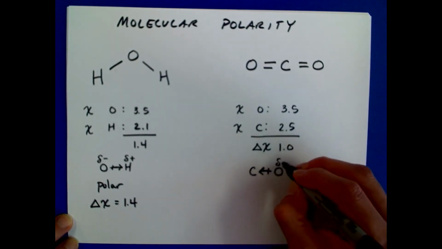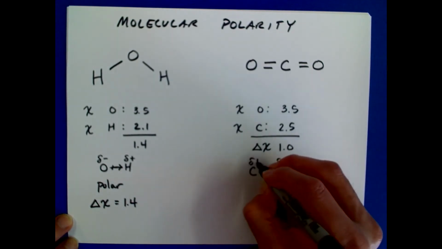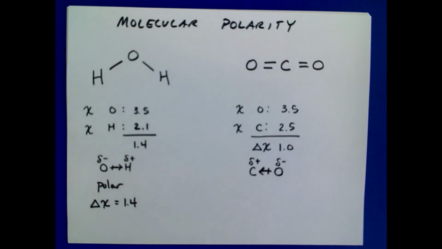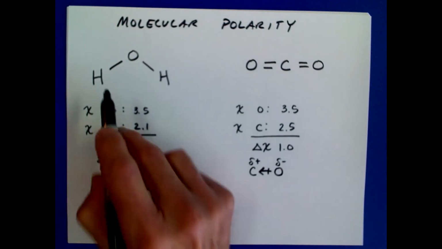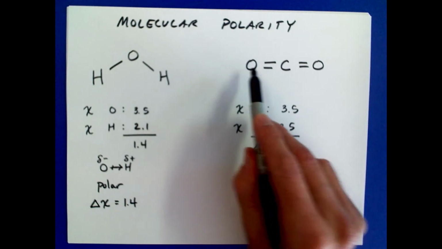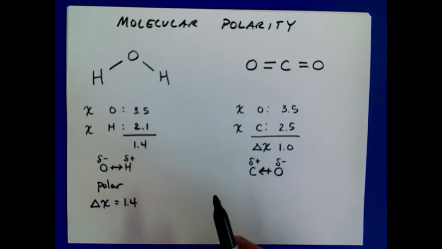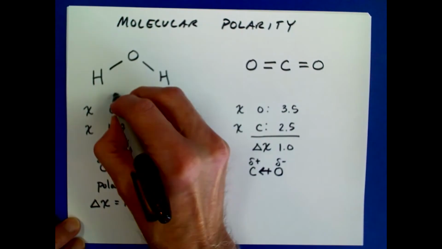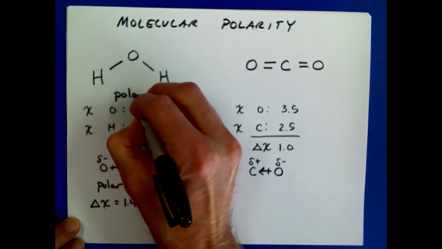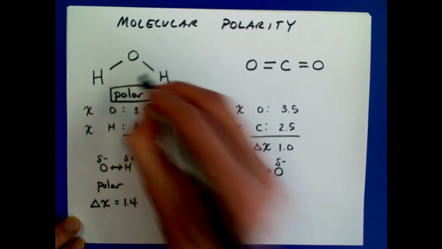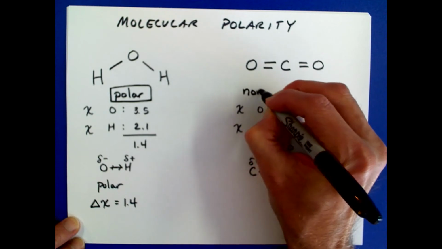The oxygen is a little more negative, and the carbon is a little bit more positive. So both water and carbon dioxide have polar bonds, and yet, remarkably, water is a polar molecule, whereas carbon dioxide is a nonpolar molecule.